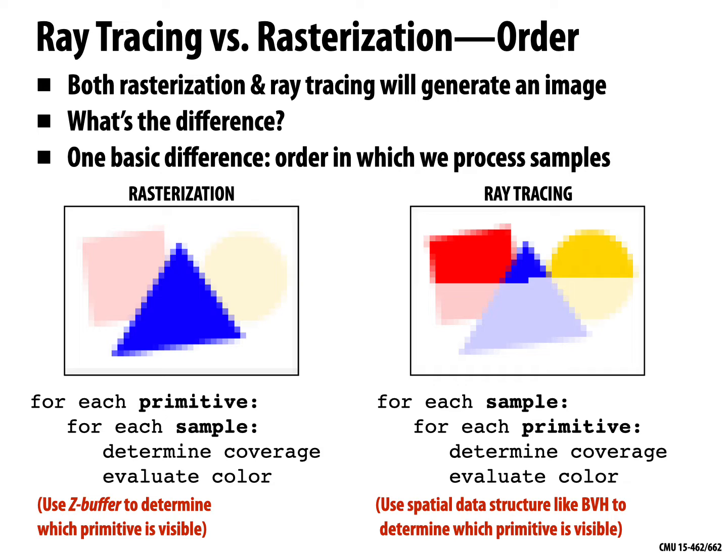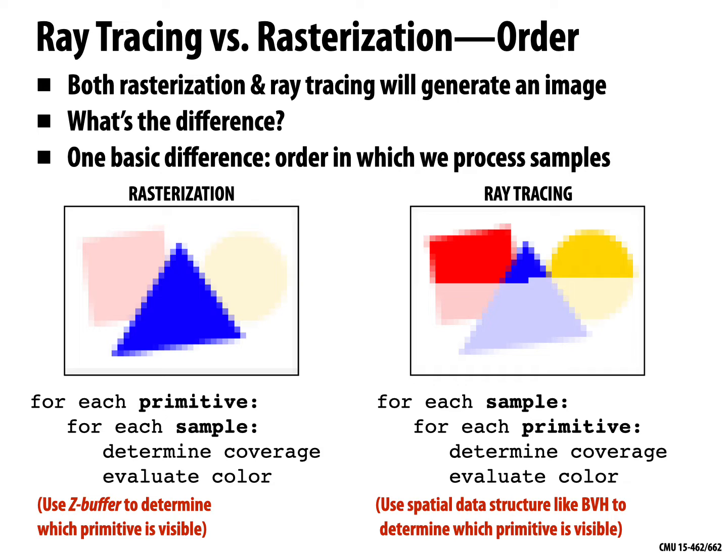And then for each of those samples, we want to know two things: the coverage, how much of that pixel is covered by the primitive, and the color. What color is sitting under that pixel? Okay? In order to determine visibility, in order to deal with occlusion, we had something called the Z buffer, which kept track of the closest sample that we'd seen so far, and we just keep the closest one.